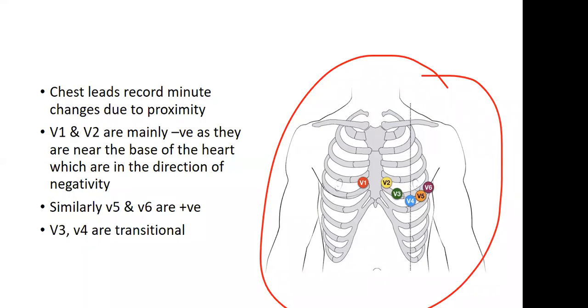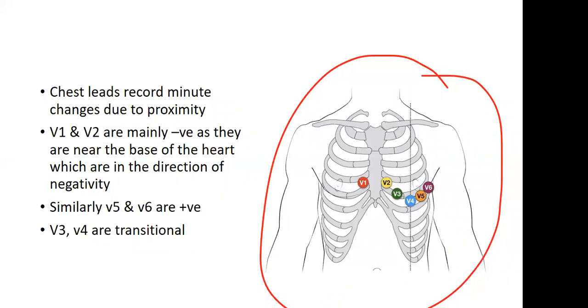If you look at this, V1 and V2 are in a straight line. Then V2, V3, and V4 are in a straight line which is inclined downwards. And then V4, V5, and V6 are in the same plane but going back. In this way, you record the chest leads.